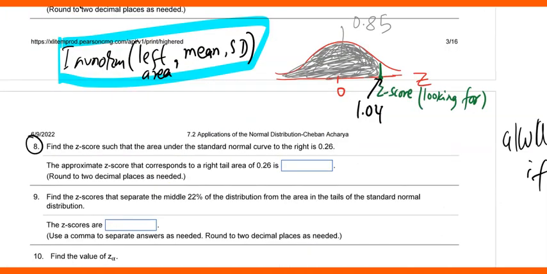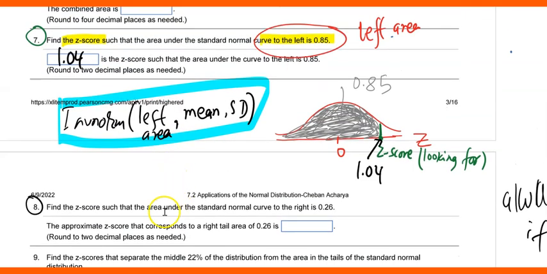Question number 8. Find the z-score such that the area under the standard normal curve to the right is 0.26. Okay, this is similar to question number 7, but instead of the area on the left, this is the area on the right. Therefore if the area on the right is given, what's the area on the left?